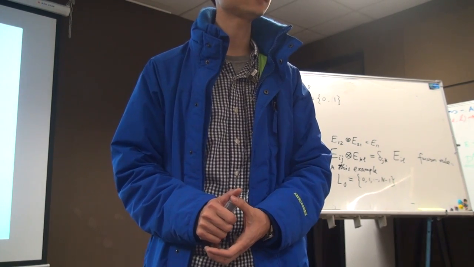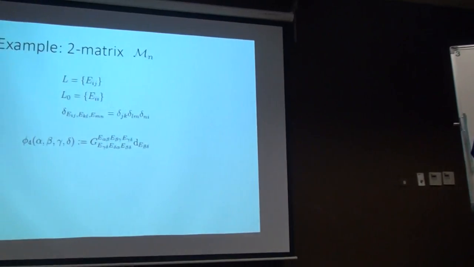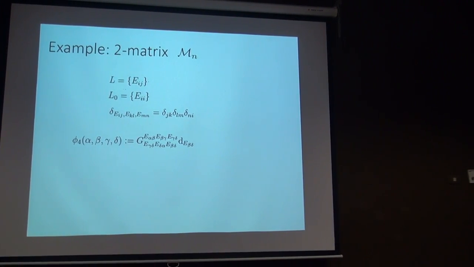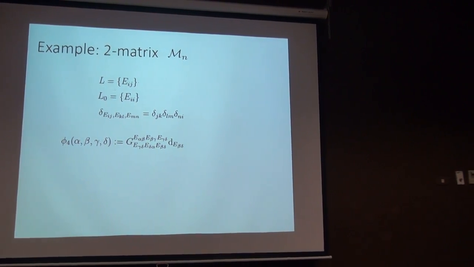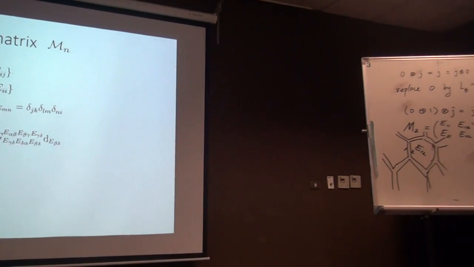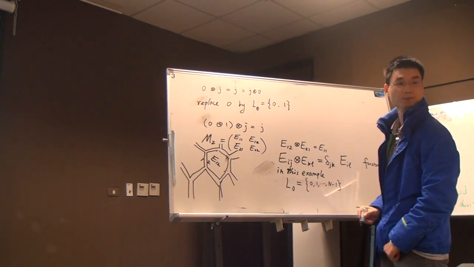But in the original model, this 6J symbol actually has only 3 degrees of freedom, but now there are 4. Is it true? Yes. So it's not a 3 co-cycle anymore.